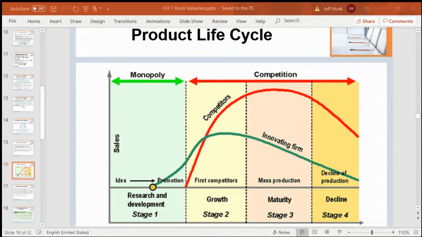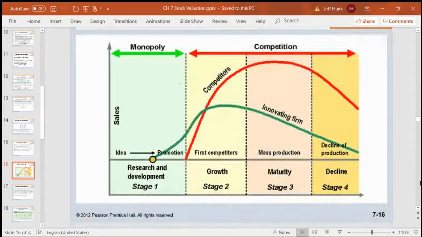We've been talking about the stock valuation models for the last couple of sessions, and what we are going to talk about is the product life cycle, the variable growth model, which is basically reflecting the product life cycle theory.